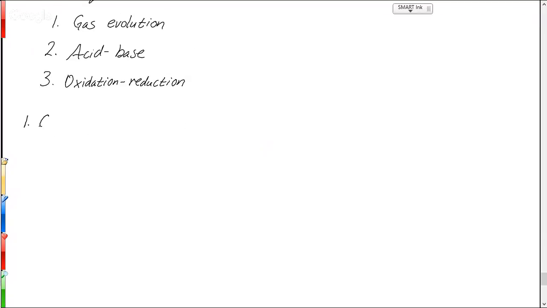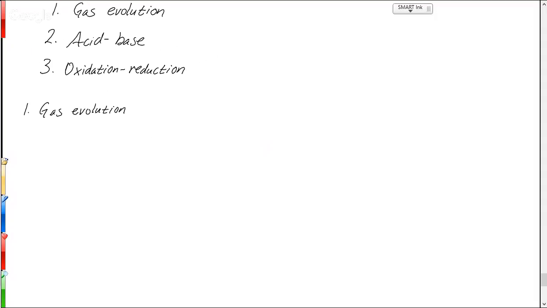Let's look at that first one. Gas evolution reactions are things like this. So if we imagine a double displacement type reaction between HCl and sodium bicarbonate.